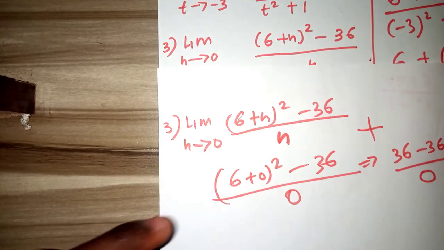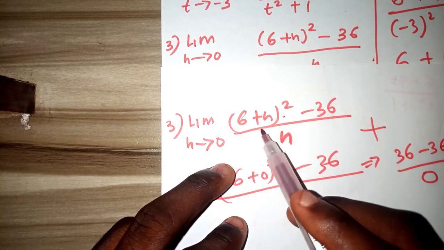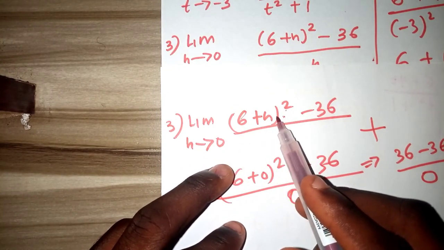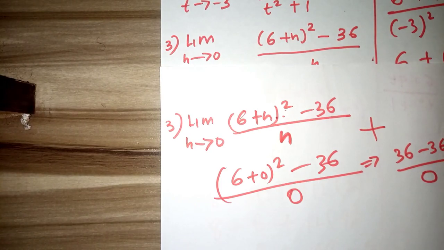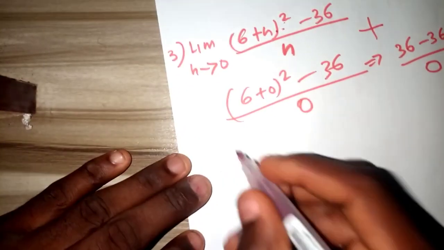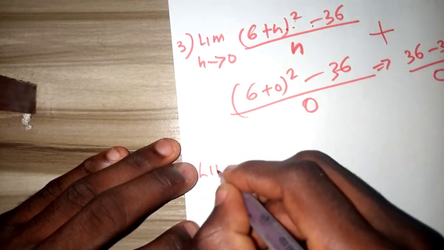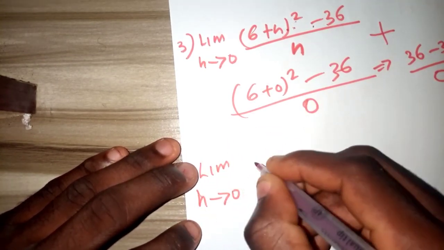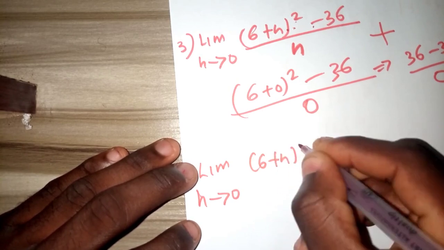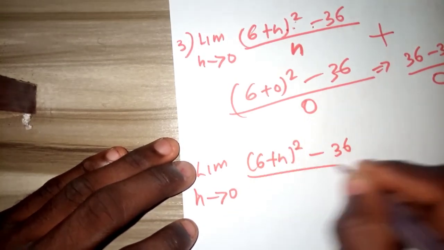Now, what if we simplify the above and see if we get something? Let's use limit by factorization. Let's factorize this. Notice that this can be written as limit h approaches 0 of 6 plus h all squared minus 36 over h.